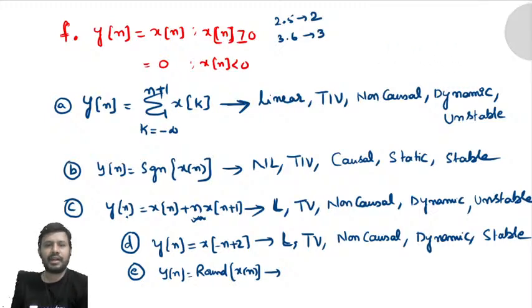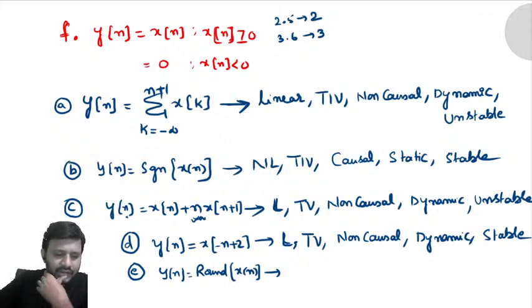Now we have to check for linearity. Round of x of n is linear or non-linear? Manu said non-linear. Observe here.